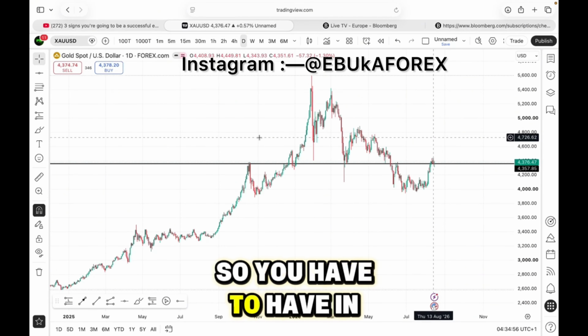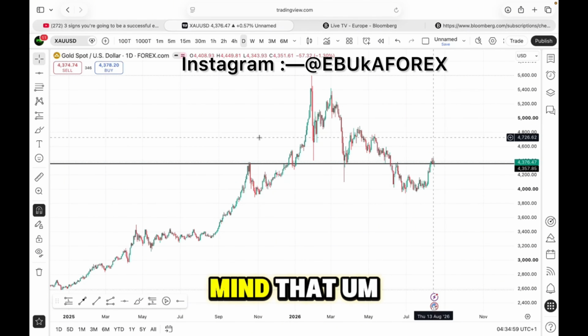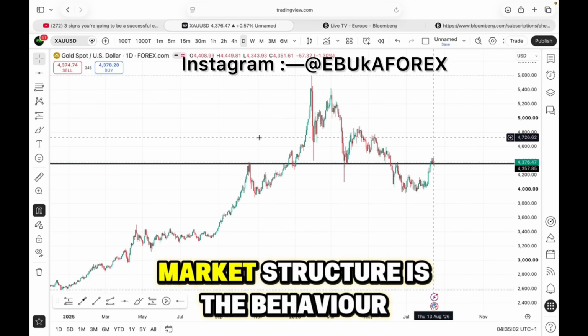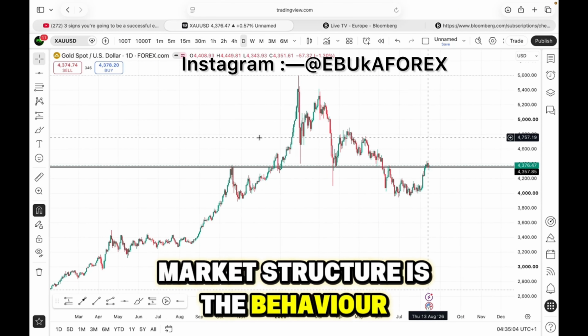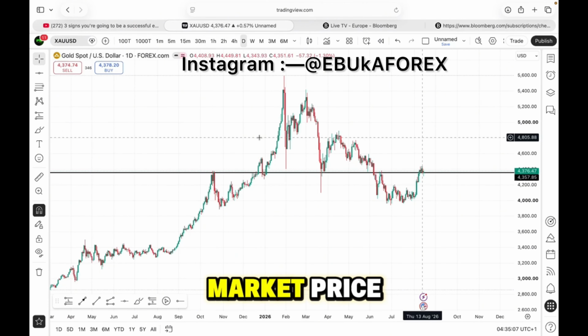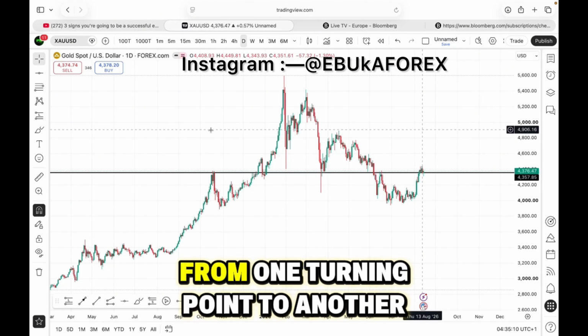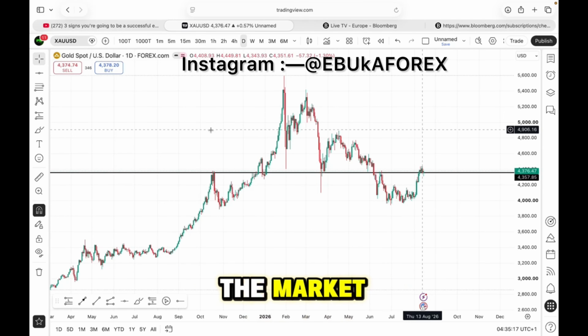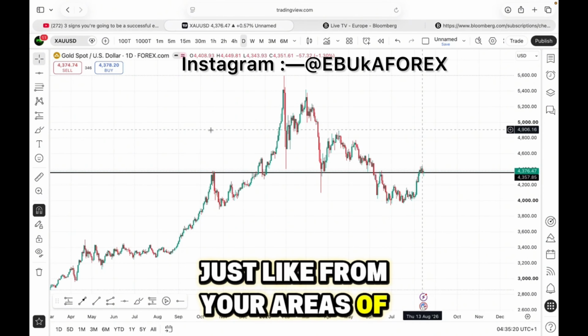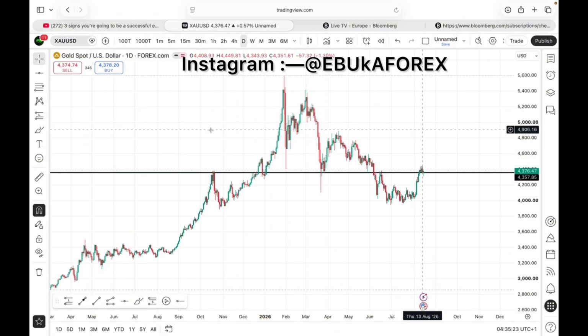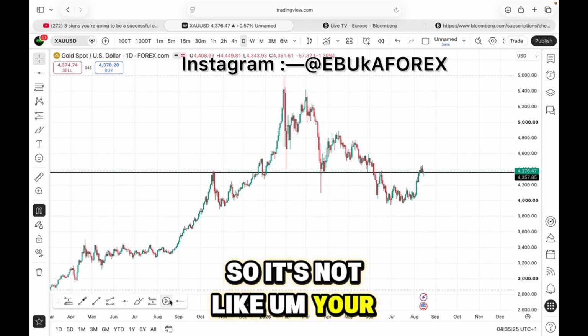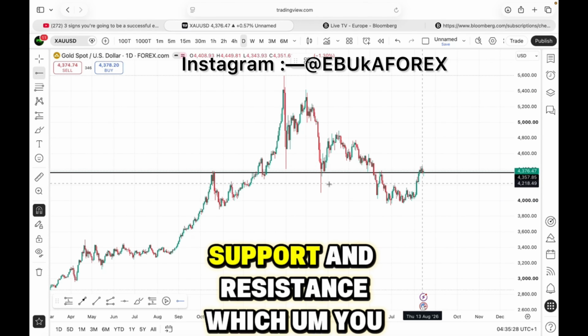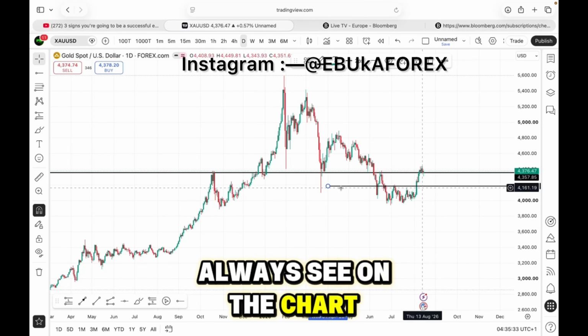You have to have in mind that market structure is the behavior and the current flow of the market price from one turning point to another to be able to create the major key level for us in the market, just like from your areas of supply to demand zone. So it's not like your basic support and resistance, which you always see on the chart.